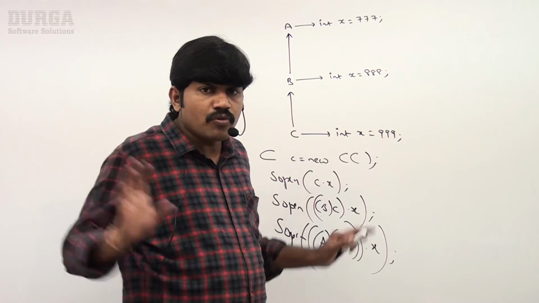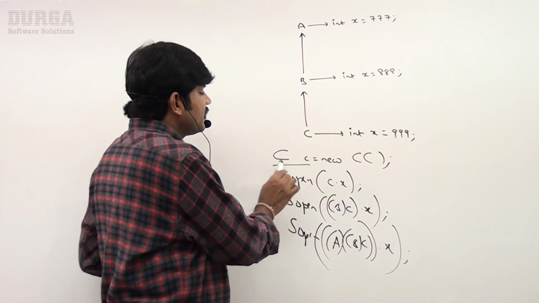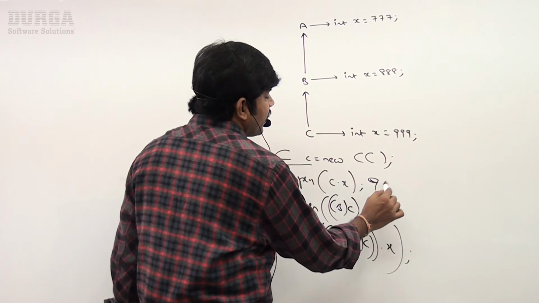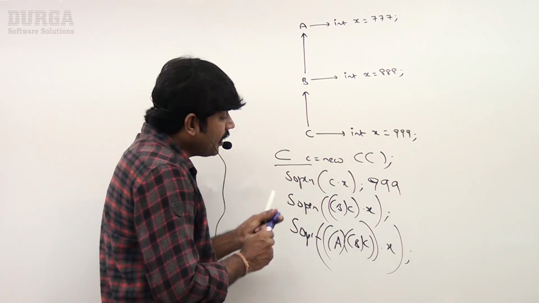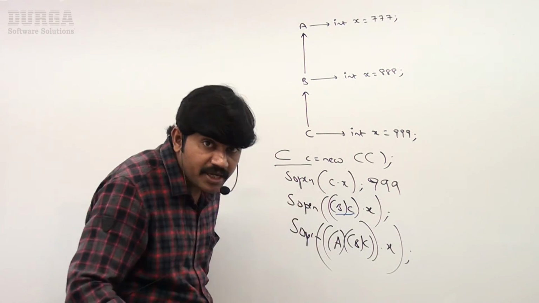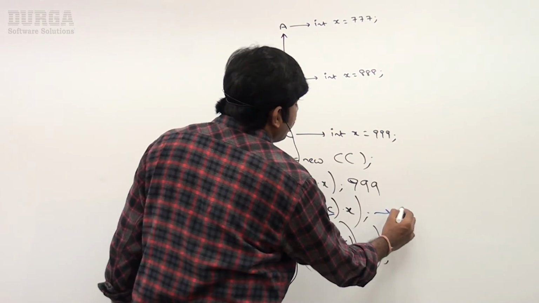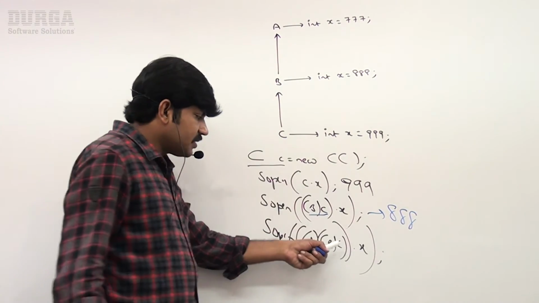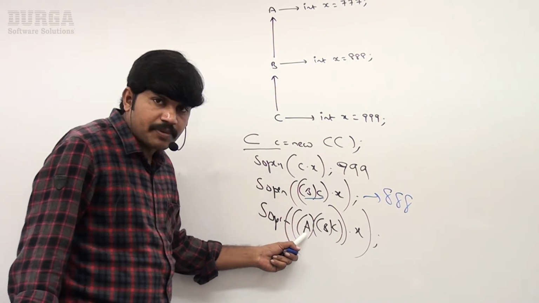C is what type of reference? C type. That's why 999 is the answer. Now C typecast to B type, so what is the answer? B's variable, 888. Next, C typecast to B, typecast to A.